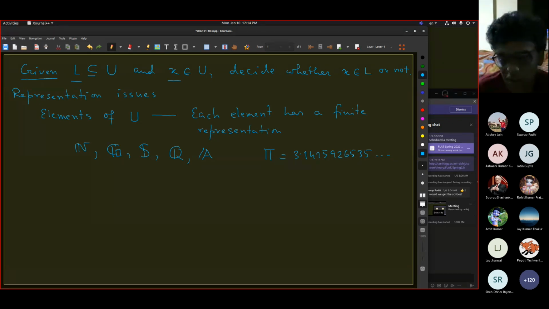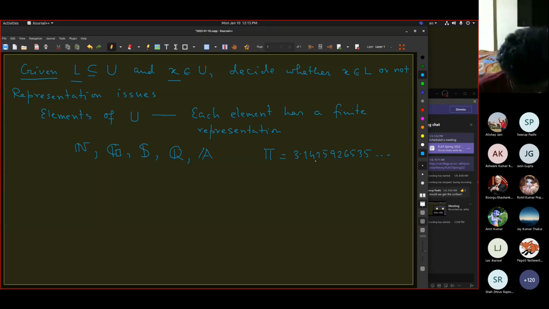Not only that, because pi is irrational, it is completely non-periodic, so you cannot find any pattern which you can feed to the machine. If my representation is by decimal expansions, then pi cannot be represented because it's an infinite representation.